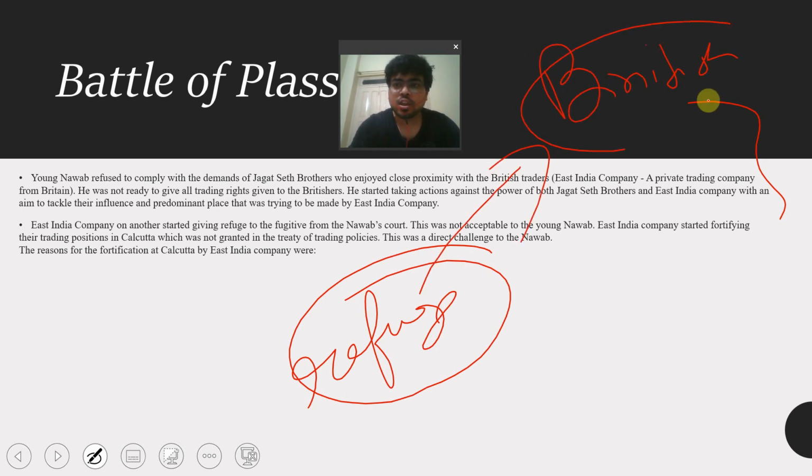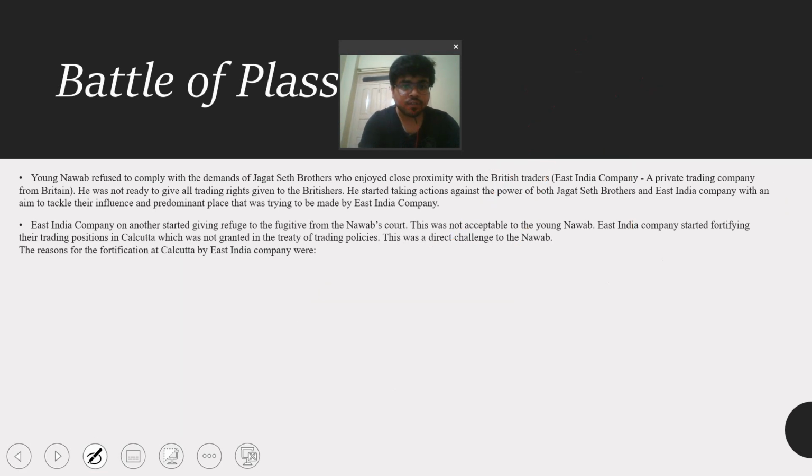The British started to let them live in their courts. Those whom the Nawab was against, the British were supporting, and that attacked the Nawab's superiority. The East India Company started to give refuge to fugitives from the Nawab's court. This was not accepted by the young Nawab.